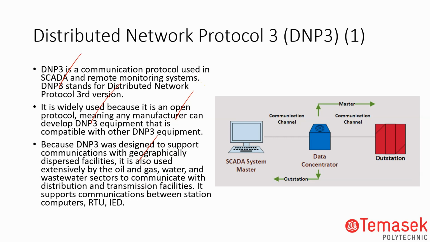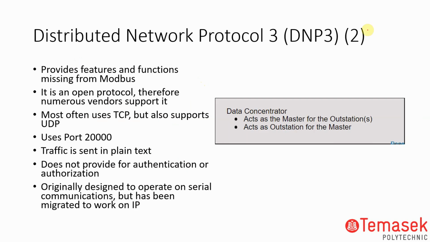So it can run over your standard TCP/IP network. Okay, let's take a look. So this is the SCADA network, and through that it provides some features and functions that are missing from Modbus. It runs on TCP. It also supports UDP. This is the port that you use.